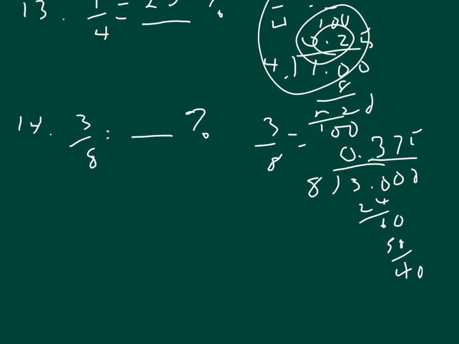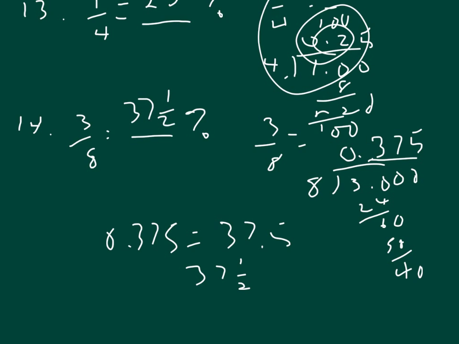It goes into 40 5 times, and then remainder 0. So that would be 0.375, which converts to 37.5%. You could have made it also 37.5 if you like. So either one is an acceptable way to write the response to number 14: either 37.5 or 37.5%.